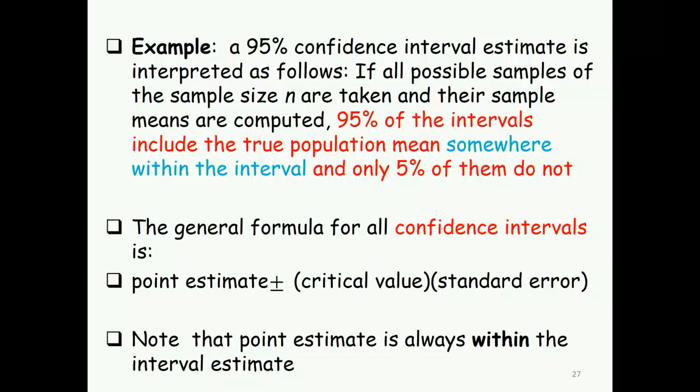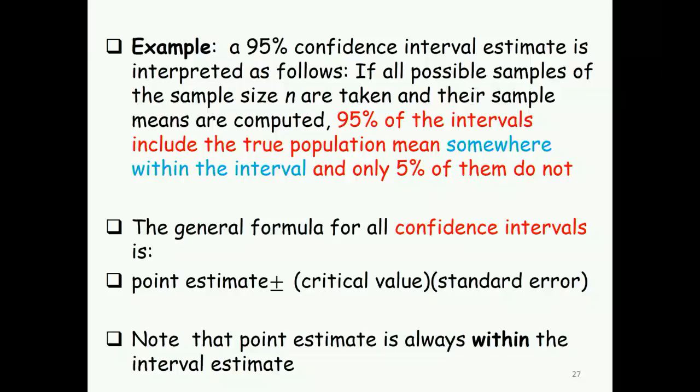So when we calculate, this is the formula that we have to apply. What does this formula tell us? This is the point estimate. What is the point estimate? It could be X bar, sample mean, or sample proportion. Why do you make plus or minus this value? Because of the variability. Because we take only one sample.